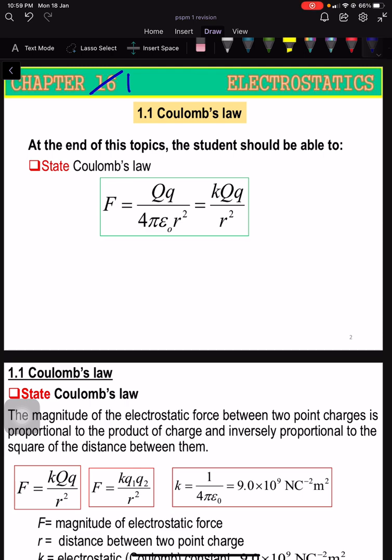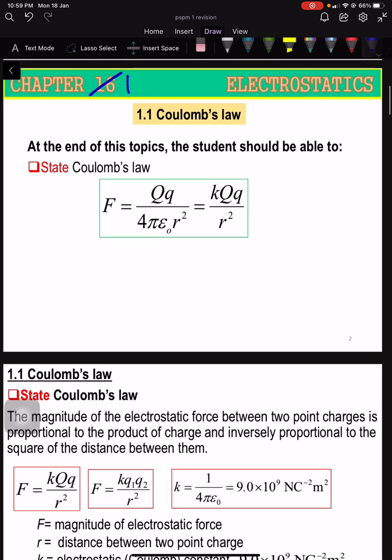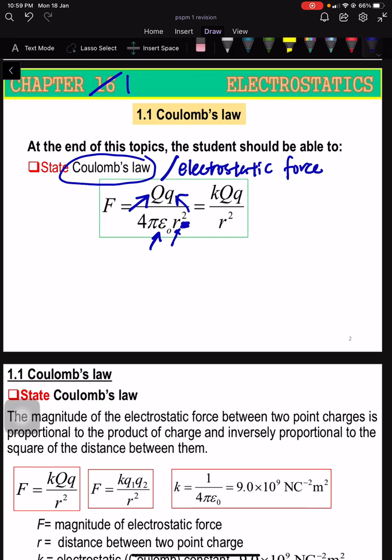At the end of this topic, the student should be able to state what Coulomb's law, or electrostatic force, is, given by the equation F equals Q times Q over 4 pi epsilon naught R squared. This is also equal to K Q Q over R squared.